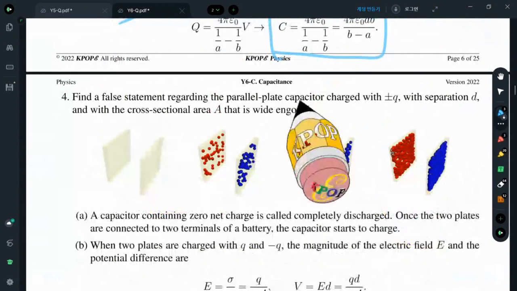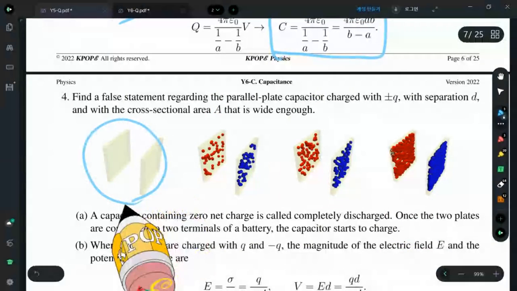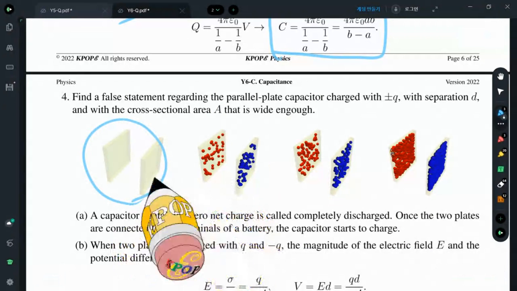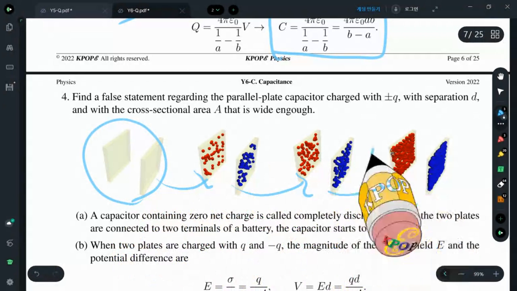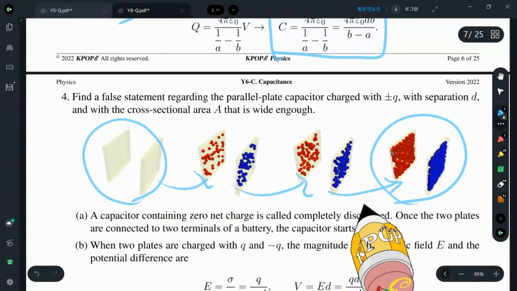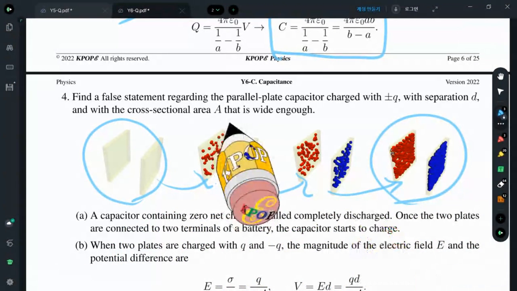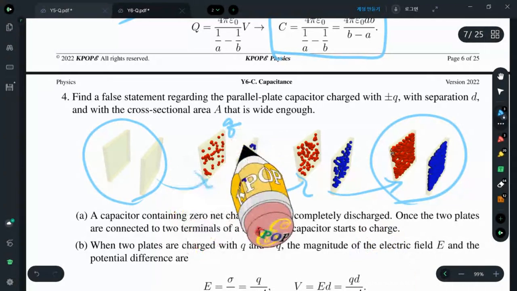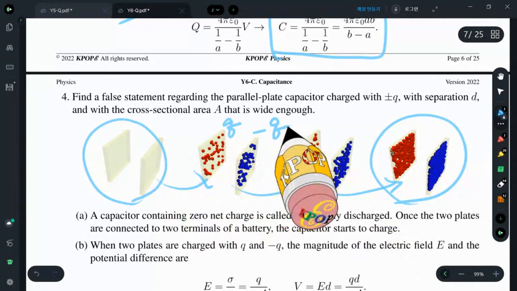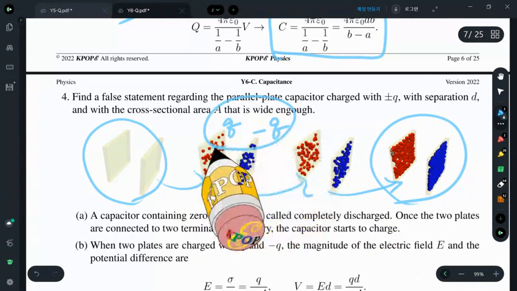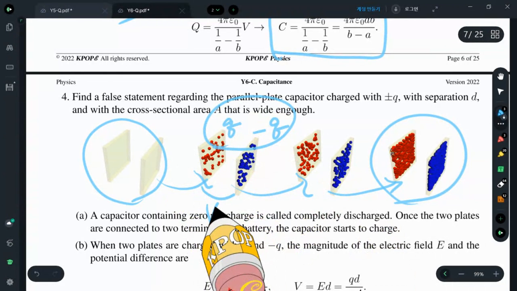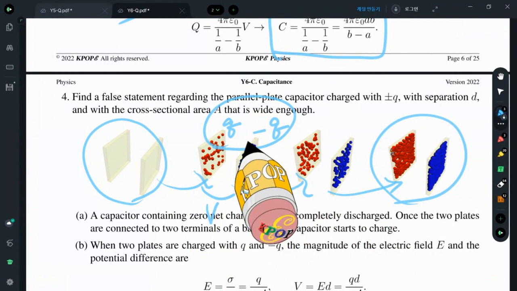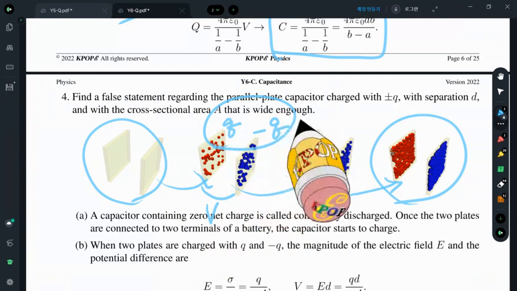We have a parallel plate capacitor, completely discharged, and I add more charges to have a completely charged state. We have a state Q and minus Q. In this case, there is a potential difference V. And then I bring plus dq from here.